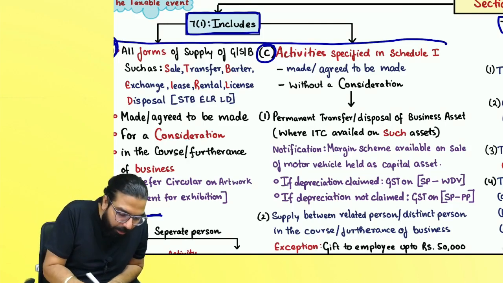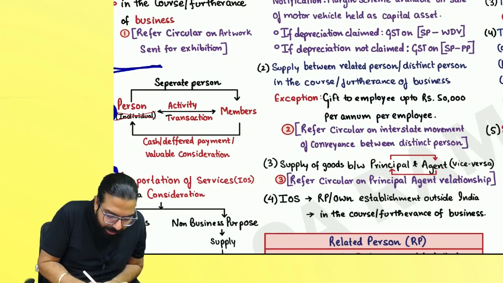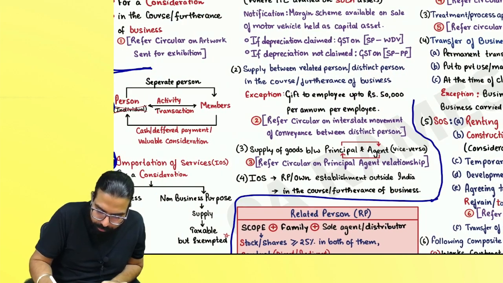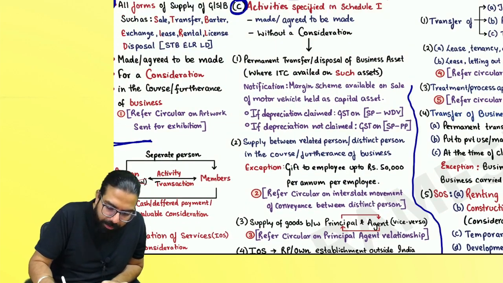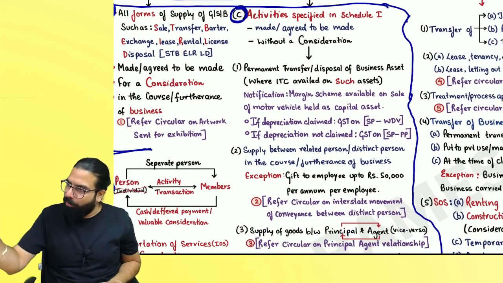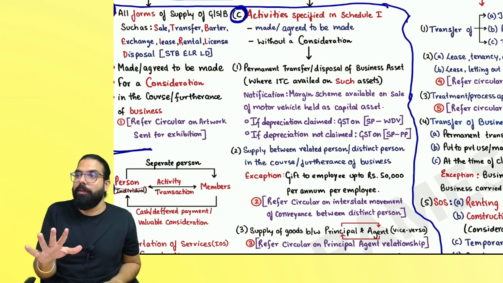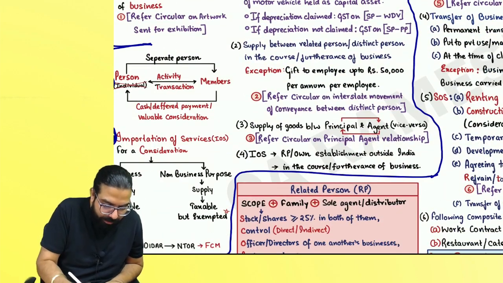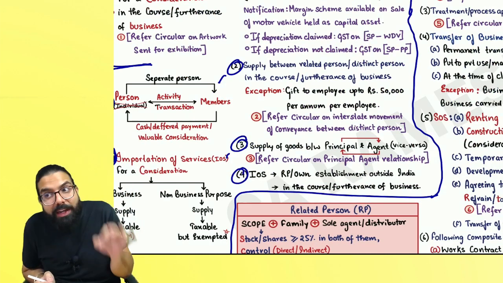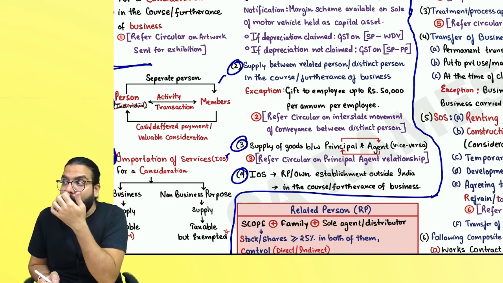So section 7.1A, AA, B, C. If what you are doing is falling in any one of these, see, here also I have written 4 activities. Can you see these activities? If you are falling in any one of these, your activity will become supply and GST will be levied.